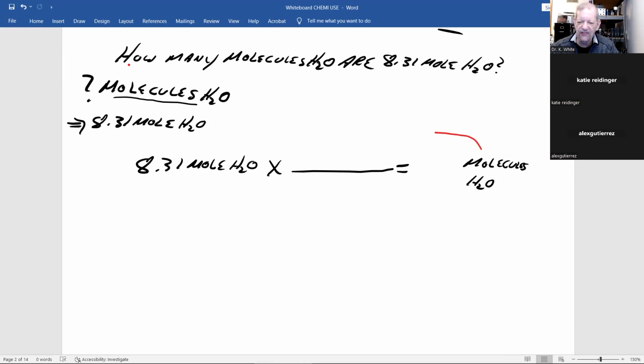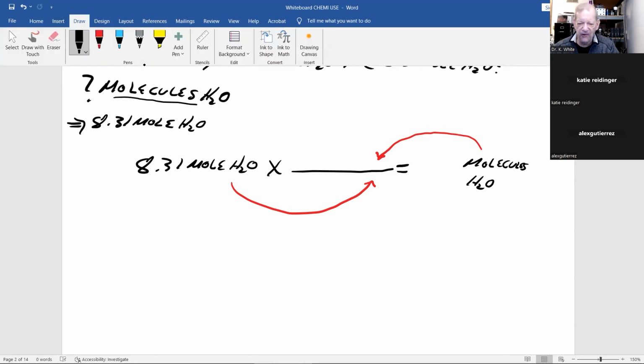Whatever you're trying to get to goes on top of the ratio. Whatever we're trying to get rid of goes underneath. Now write those units in.